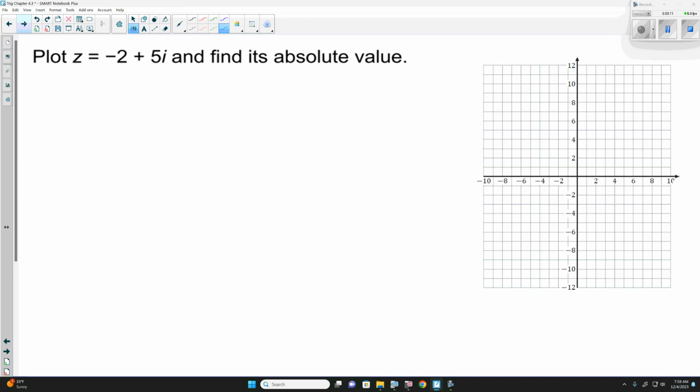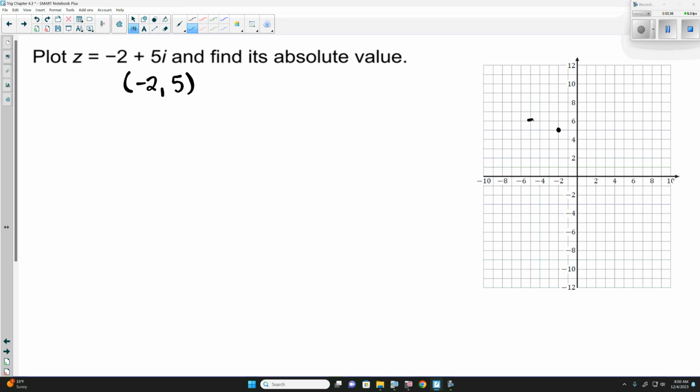Plot negative 2 plus 5i and find its absolute value. Well, if we're going to plot this, we do have a graph here. So the x value for negative 2 plus 5i is negative 2. Our y value is 5. So we go over to negative 2 and up 5.